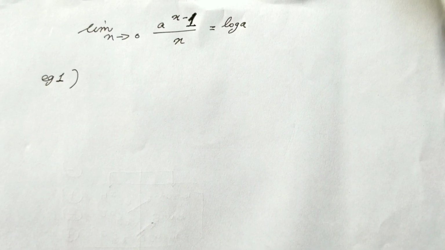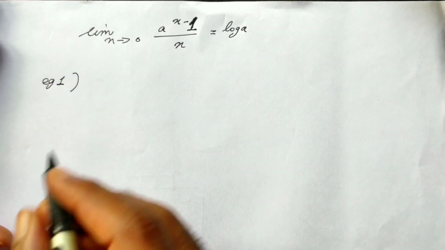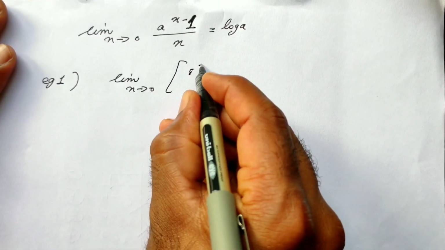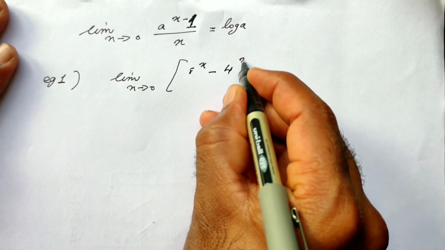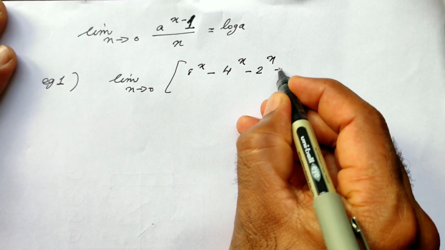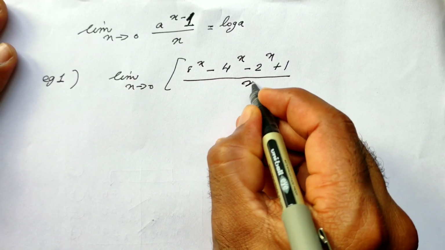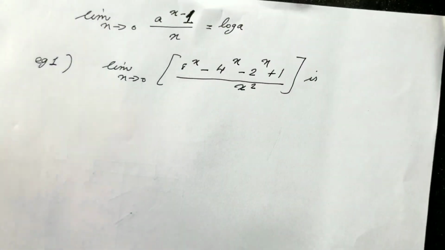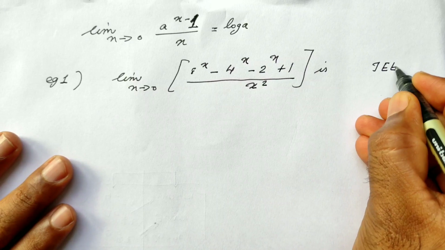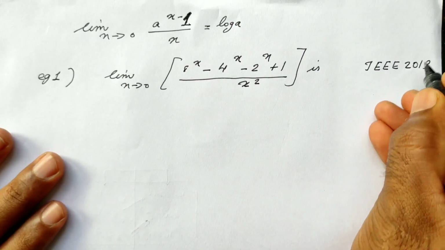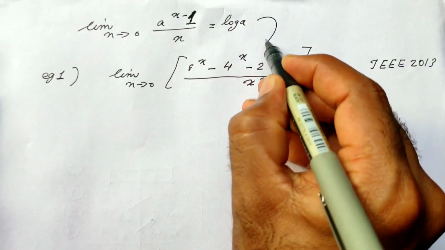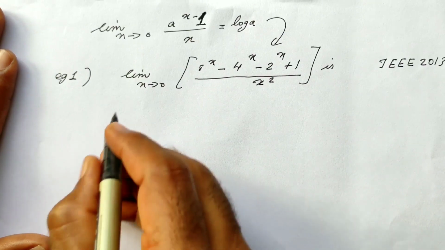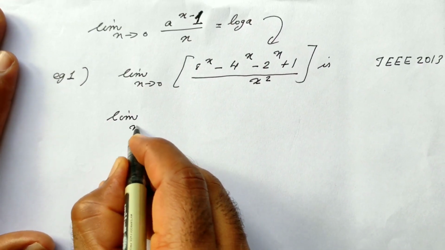So let's take a basic example from this type of questions, that is limit x tends to 0, (8 raised to x minus 4 raised to x minus 2 raised to x plus 1) divided by x square. This question was asked in JEE 2013, and this is a typical example for this type of question, but we have to make a certain conversion for the quotient term.